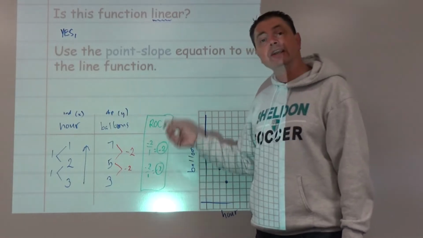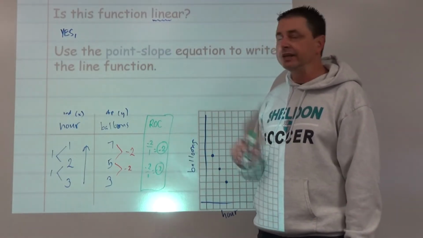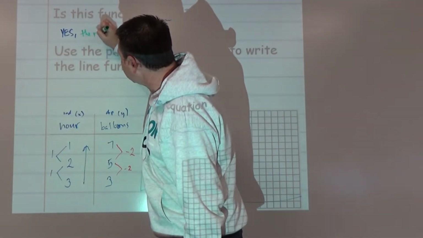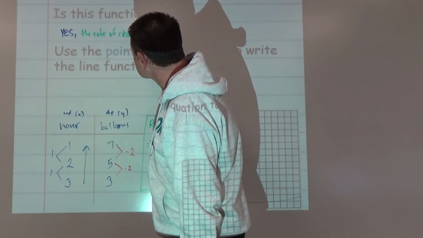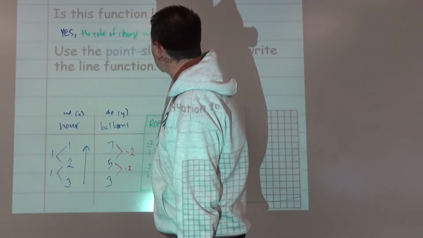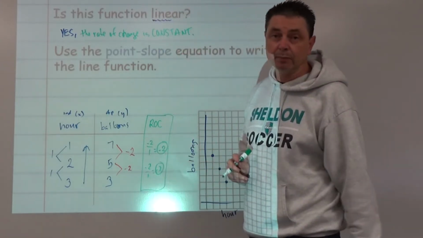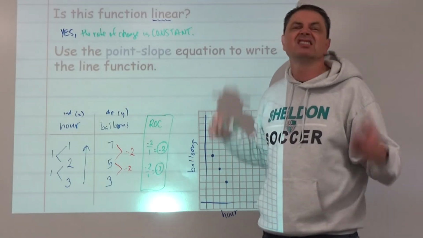If the rate of change is constant, the same number, it's linear. So it's linear, yes, because the rate of change is constant, meaning it's the same number. So if we got negative 2 here and negative 7 here, it's not going to be linear.